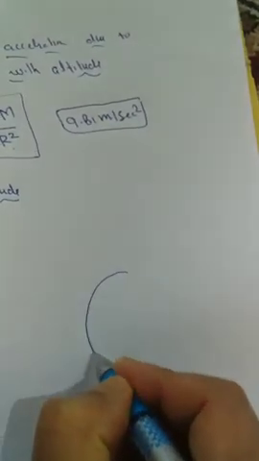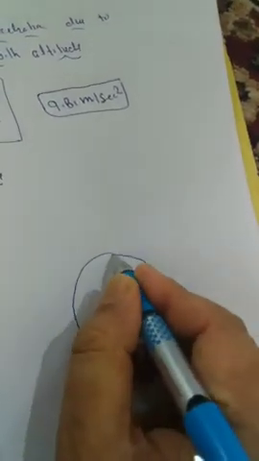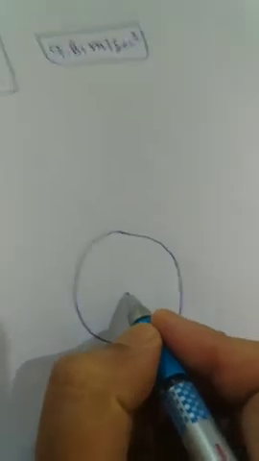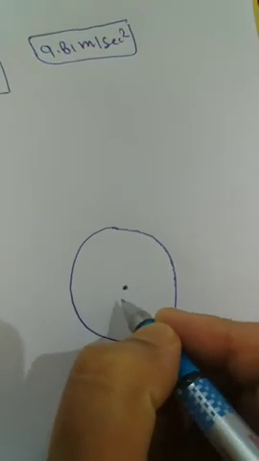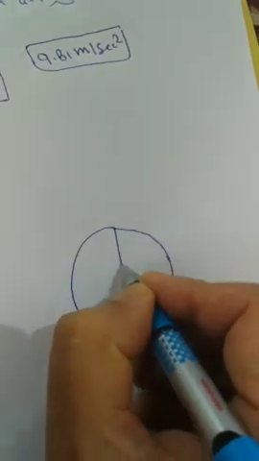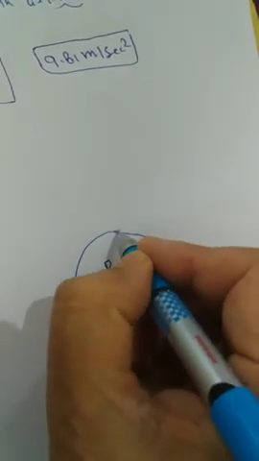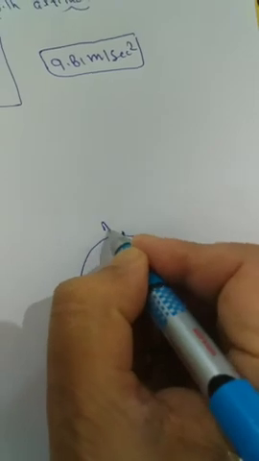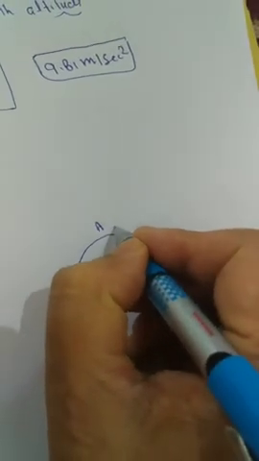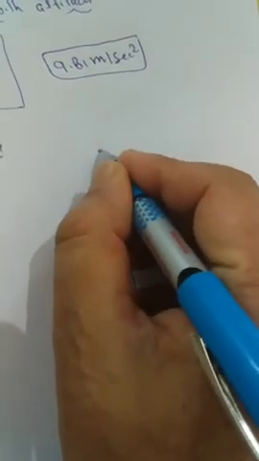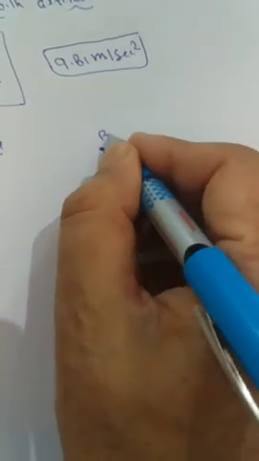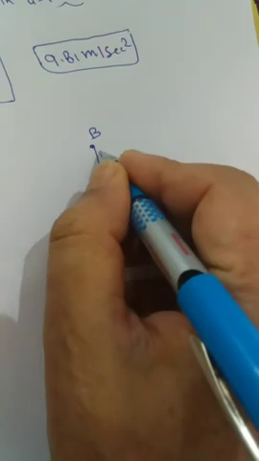Suppose this is the earth having a mass M with center O, and this r is the radius of the earth. We take a point A on the surface of the earth, and another point B at the height of h above the surface of the earth.